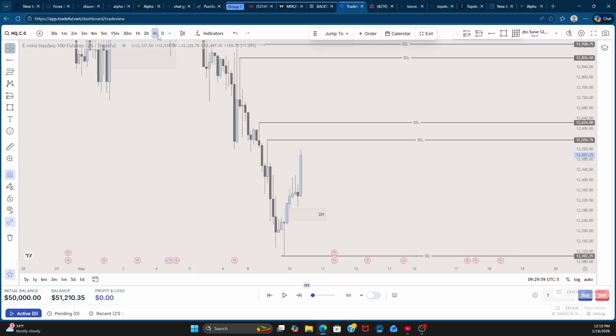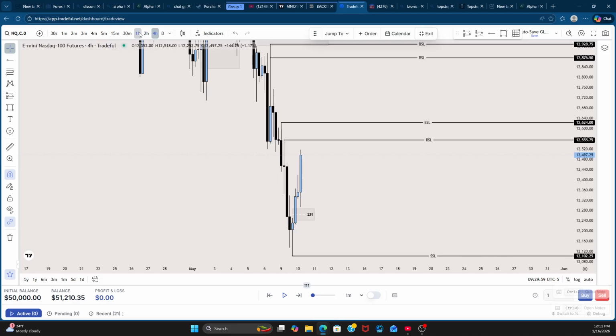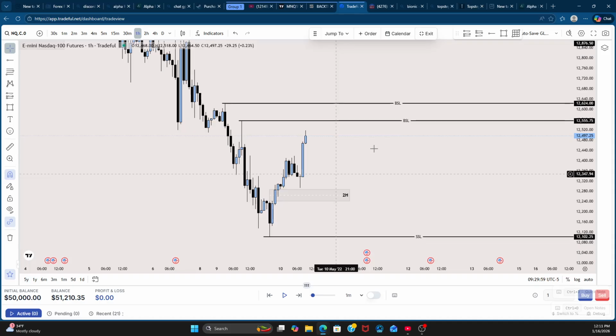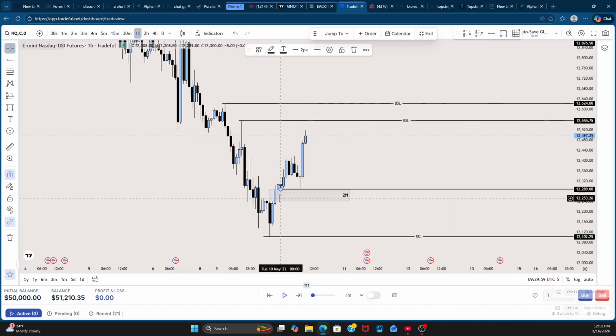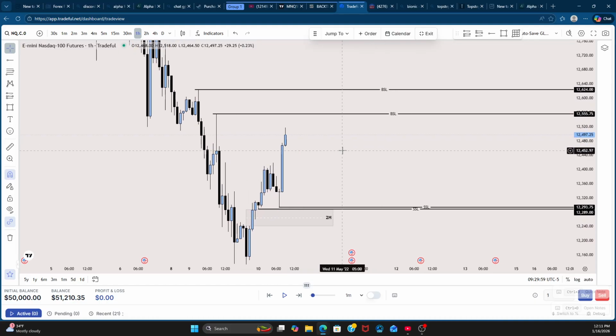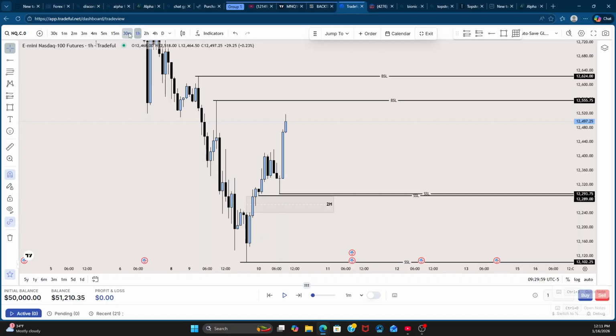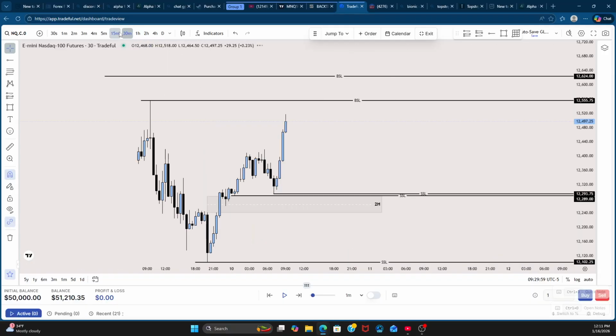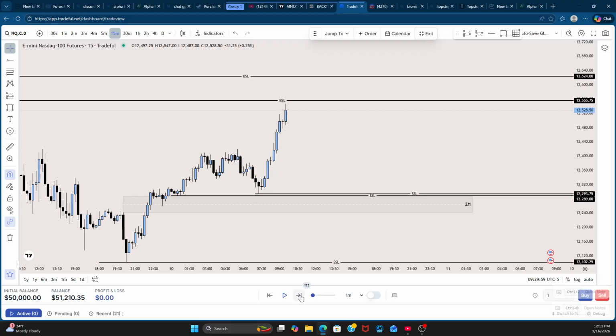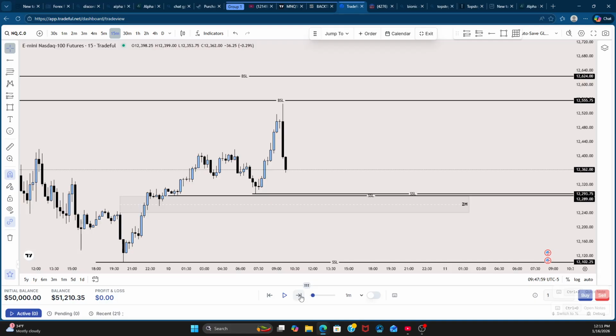2 hour gap above us. Let's go on the 4 hour, the 1 hour. Leave some sell side liquidity. Uh-oh.